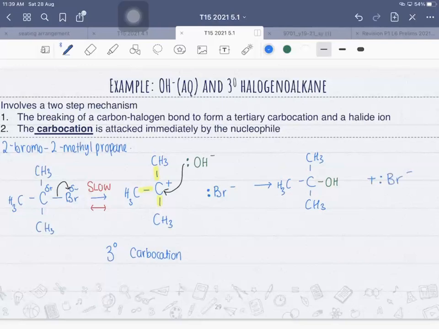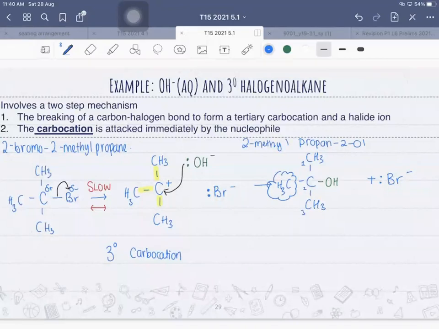So to name this, we count 1, 2, 3. So that's a propan-2-ol. The second position indicates where your hydroxy group is. And then you have a methyl group on the second carbon. So that's 2-methylpropan-2-ol, one word.